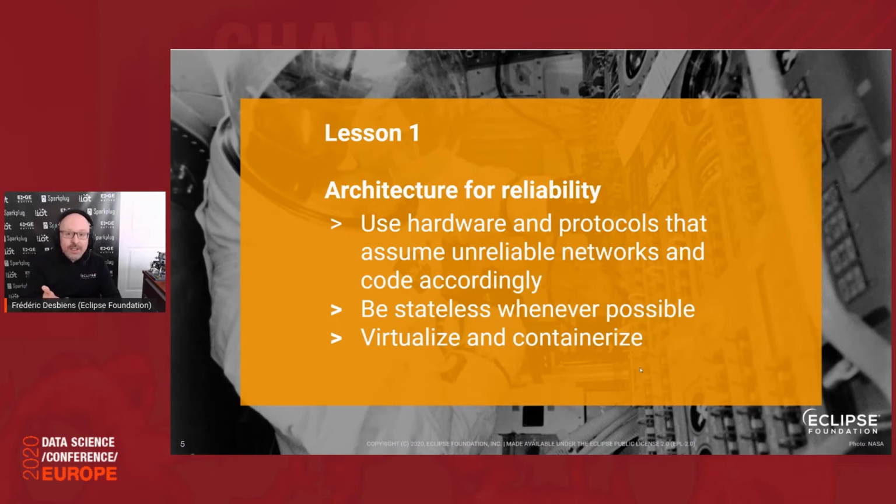And this could literally save lives in your case too. Statelessness is really important because it means that your solution is more robust, and at the same time that it can scale more and better.